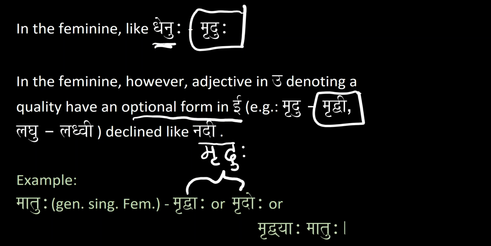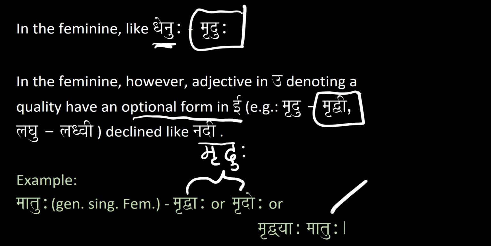In the same way, you would have mridwaha, or the other option, mridohu. Those are the two options if you want to decline mridu like dhenuhu. So it would be mridwaha matuhu or mridohu matuhu, and then mridwar matuhu, because the sandhi would apply, or mridor matuhu, because the sandhi would also apply here.